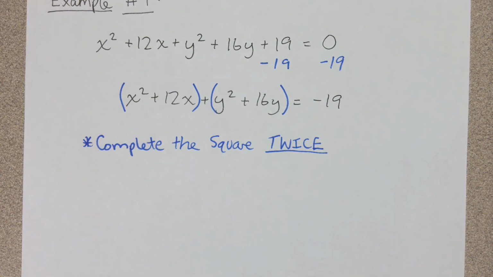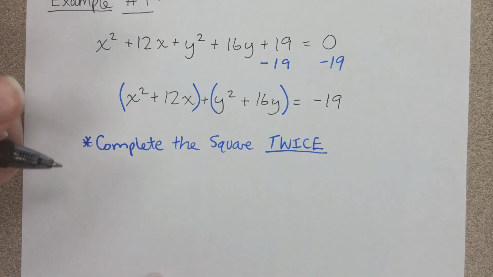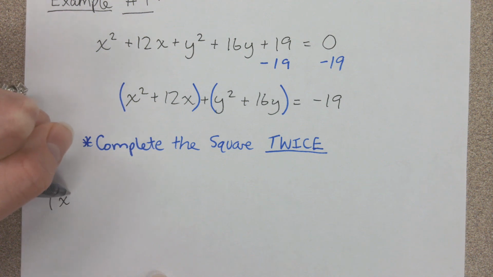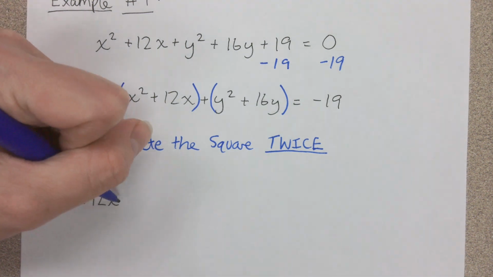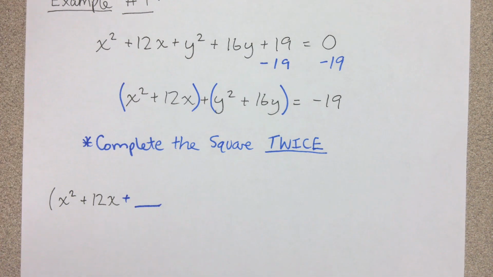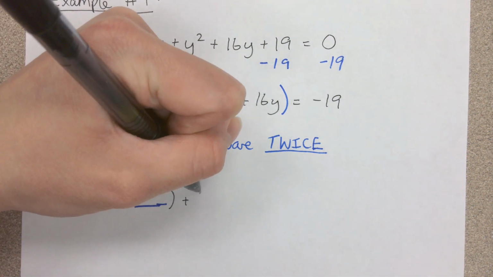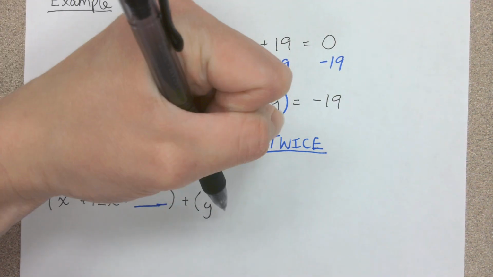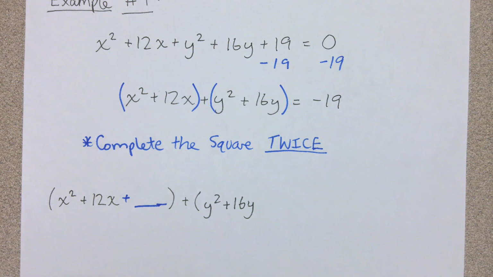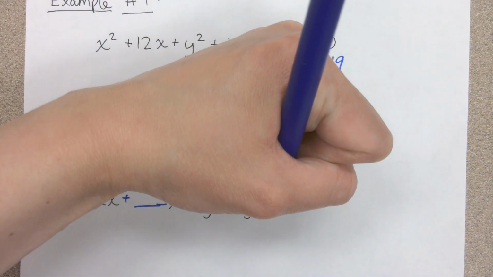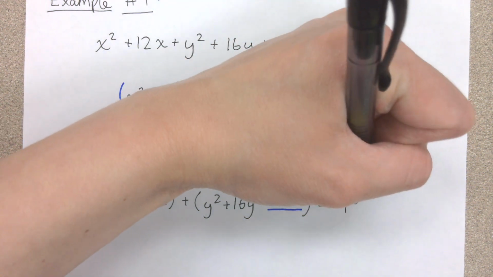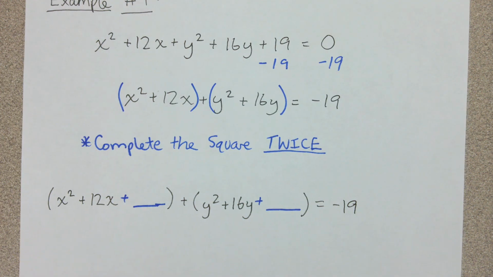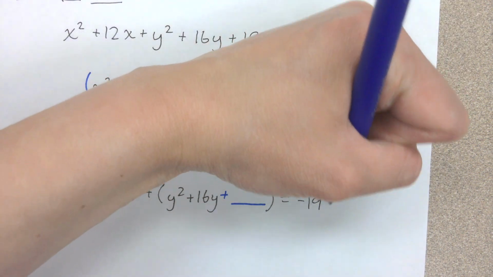So that's how I'm going to do it. So I have x squared plus 12x. And then I'm going to need to add in that blank to complete the square for x. Plus y squared plus 16y. Then add another blank for the y's. Equals negative 19. And since I have two blanks added on the left, I have to do the same for the right.